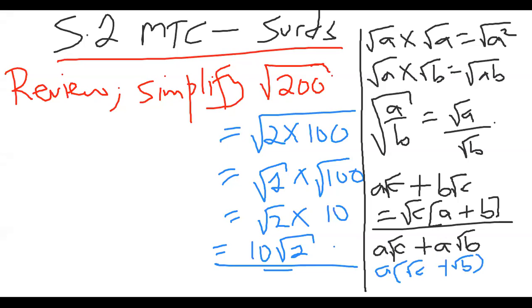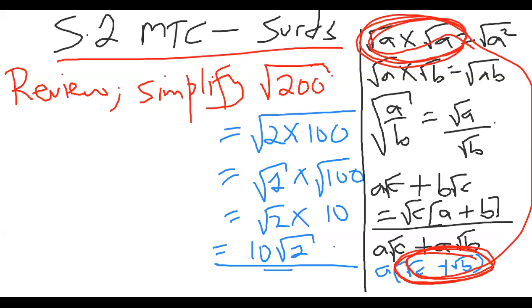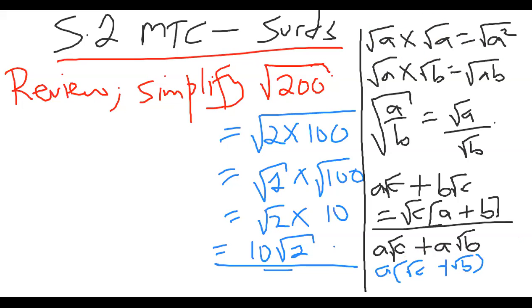In other words, when you're adding figures under a root, like these ones here, this one is different from this. So you cannot express the two outside. Multiplication under a root is not the same as addition. That's what I'm trying to say there. So that is what we had last time.